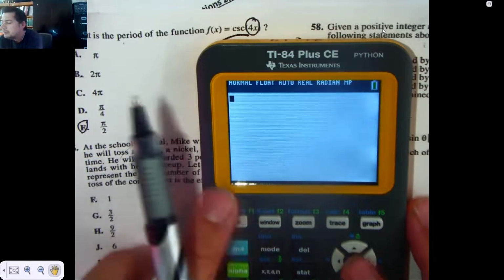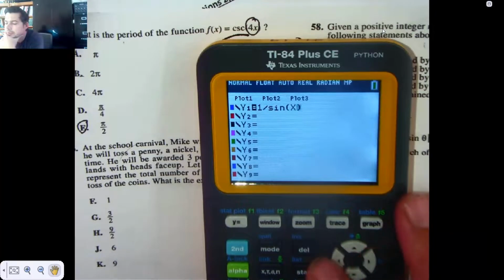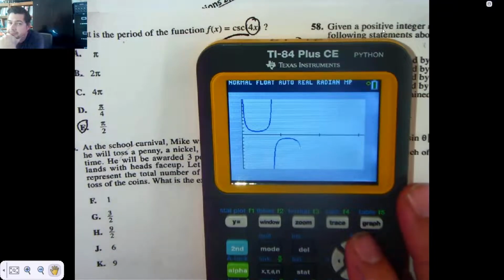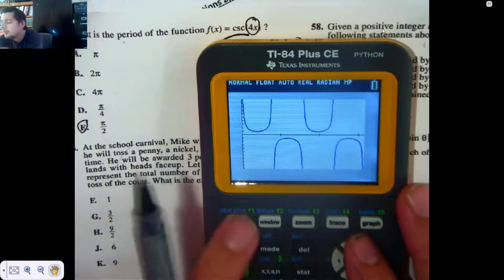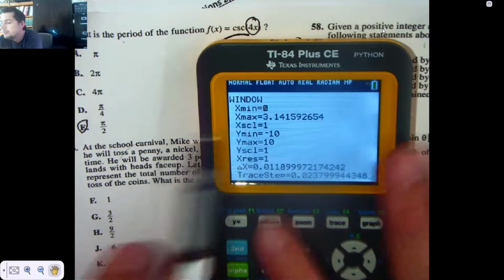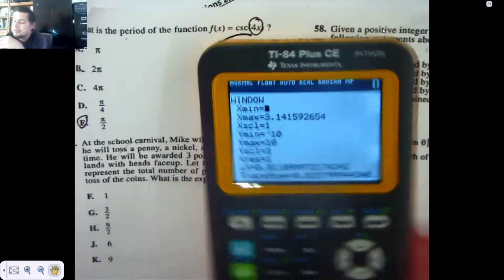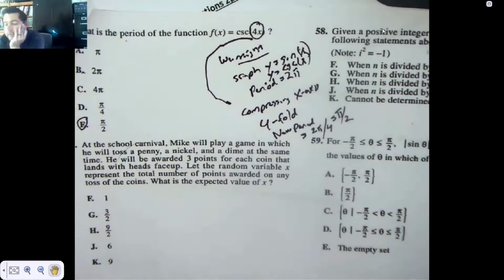Oh, you know what's wrong? It was cosecant of 4x. Back to that graph I saw. That graph repeated itself 2 times. If my original window was 0 to pi, I only need half of that. So that's where the pi over 2 comes from, looking at the graphing calculator.